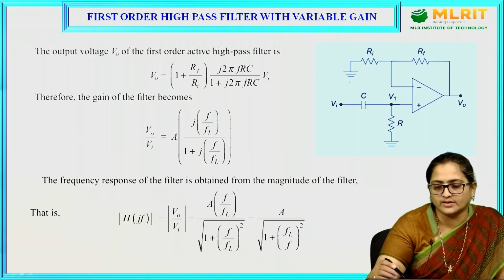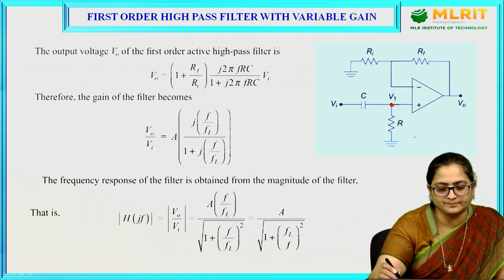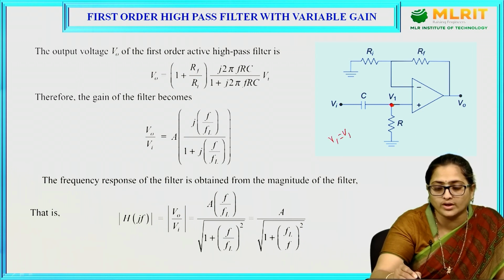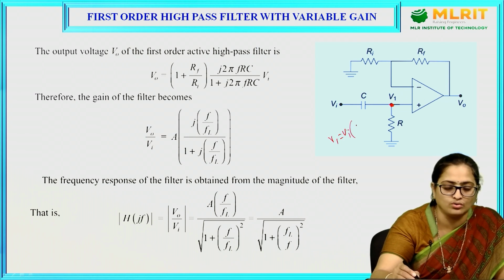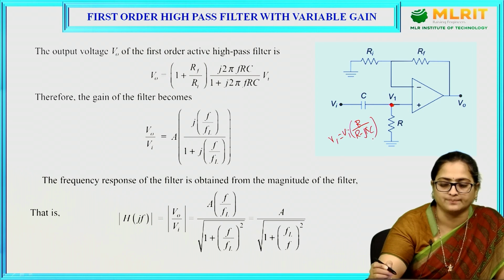The output voltage here, V1, can be given as V1 is equal to Vi into R by R minus jXc.